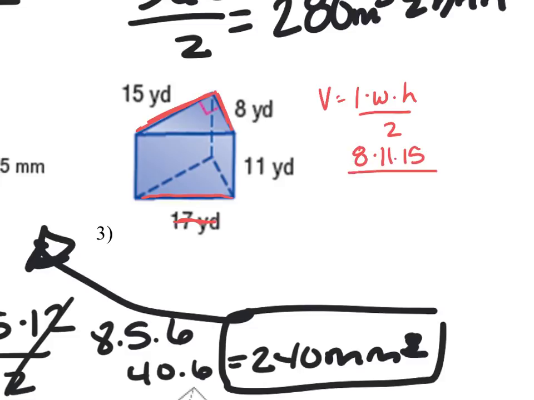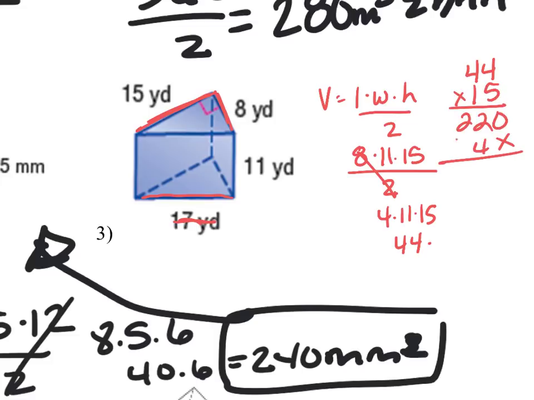My height is going to be 15 divided by 2. So I'm going to take half of 8, which is 4. 4 times 11 is 44. 44 times 15 and I got 660 yards squared.